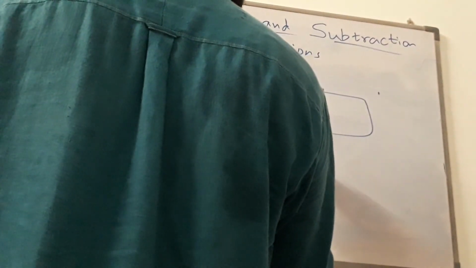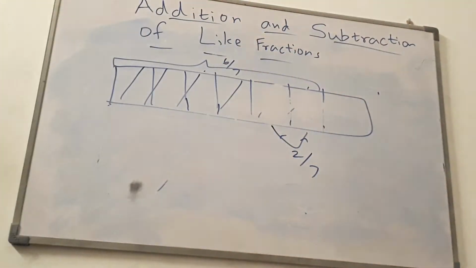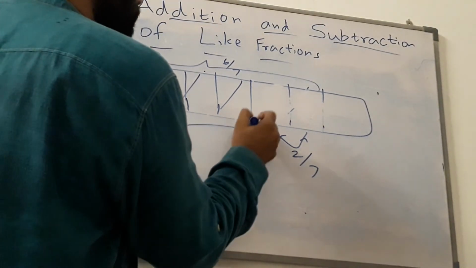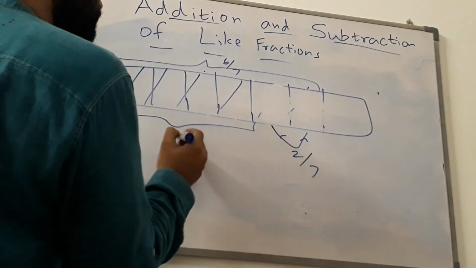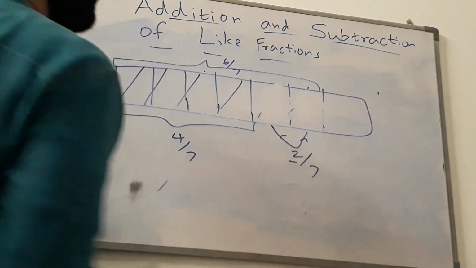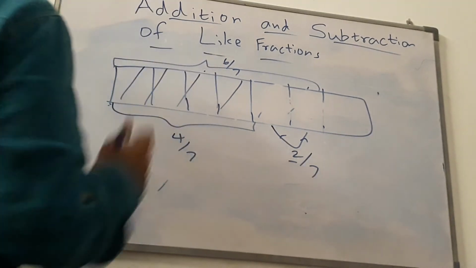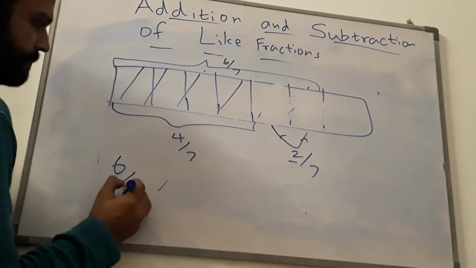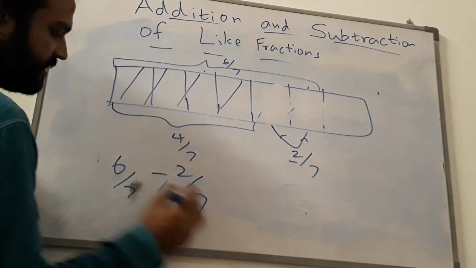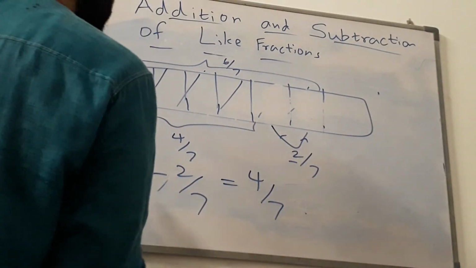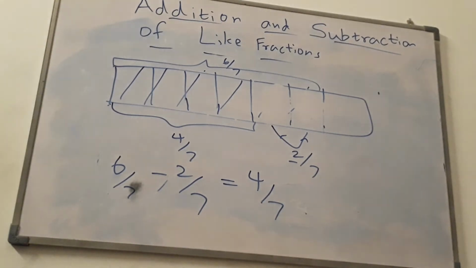This is 2 out of 7. So the remaining means this amount, that is 4 out of 7. So to find this, we have to subtract 2 out of 7 from 6 out of 7, and the answer is 4 out of 7. The denominator won't change, the numerator is going to be subtracted.